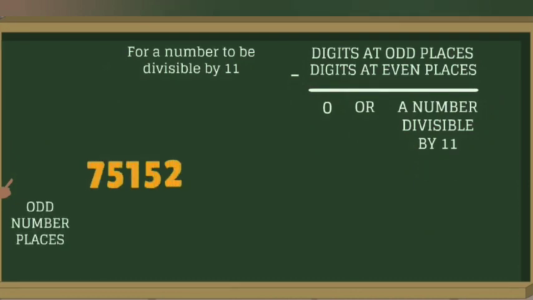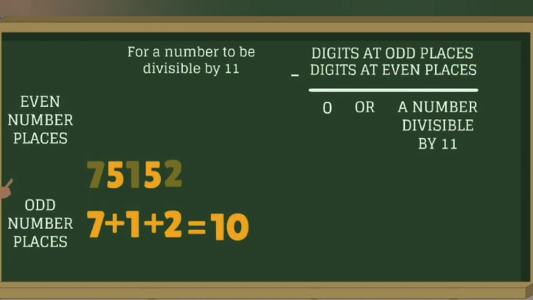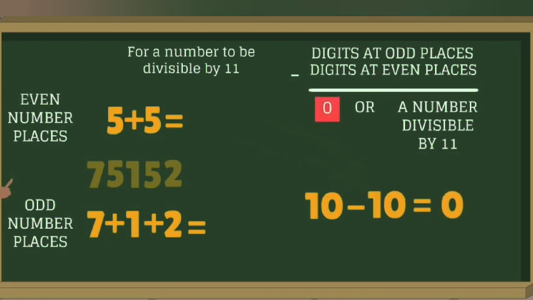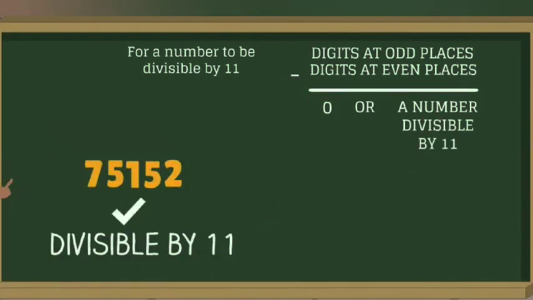The sum of the digits at odd number places, 2 plus 1 plus 7, is equal to 10. The sum of the digits at the even number places is 5 plus 5, which is also 10. These two give the result 0. So 75,152 is divisible by 11.